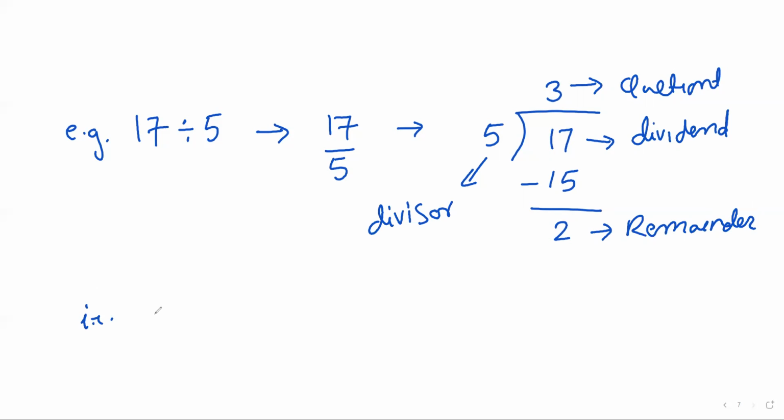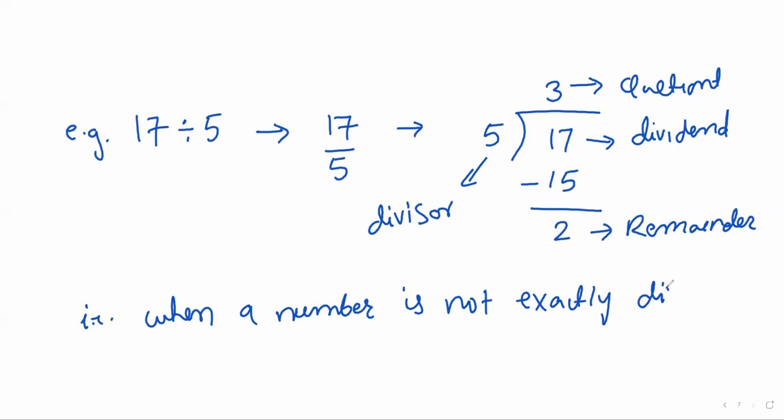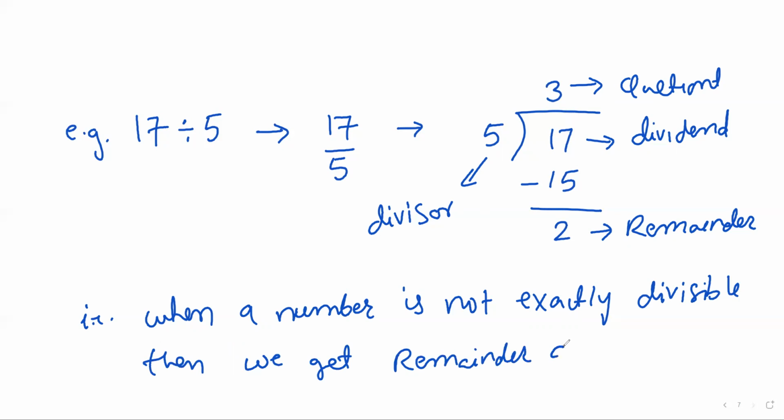That is, when a number is not exactly divisible, then we get remainder other than 0.